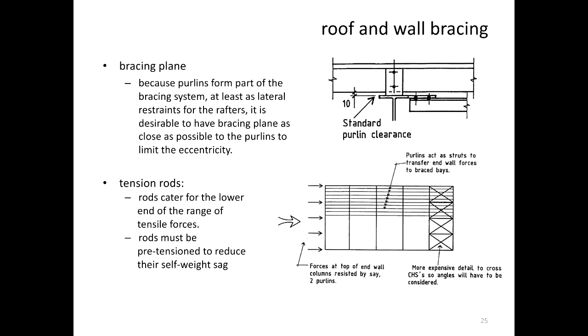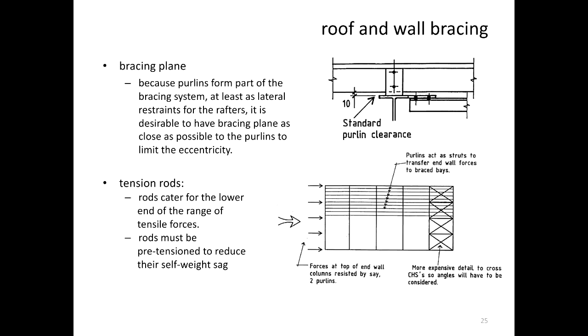To ensure efficiency of your structure, it's always good to have that bracing as close as possible to the purlin. Because the reason being, when you have the roof structure, you've got the roof beams, you've got the roof bracing, over the purlins, you've got the roof cladding, which is the roofing sheet.